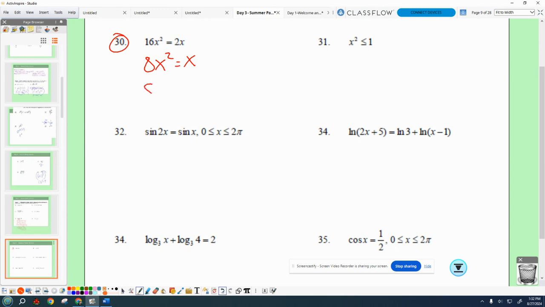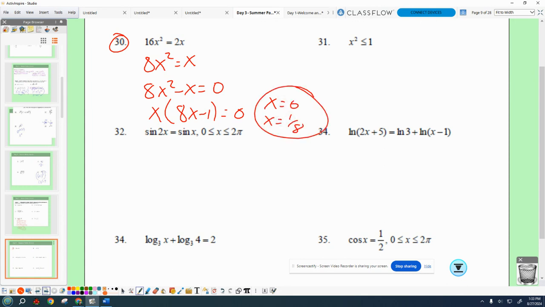Well, it's now an x, but yes. And then x, like factor it. Okay.